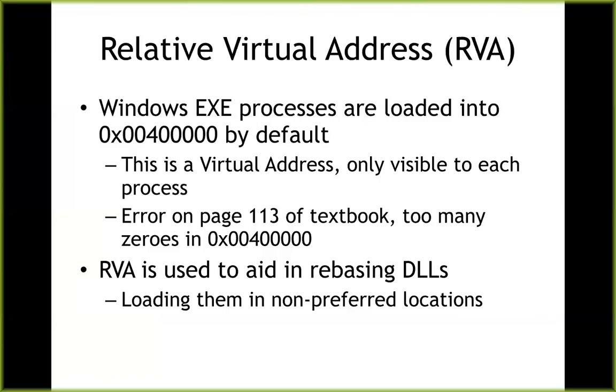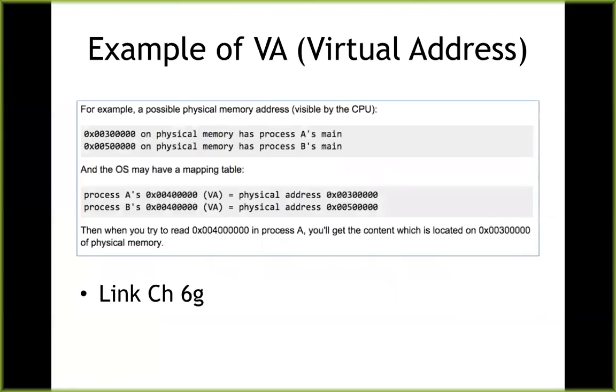That's mapped by the system to some other location, which is random by ASLR. So anyway, this is called a relative virtual address, and it's used to rebase DLLs. So here's an example. Physical memory might be at 300,000 to 500,000, but the programs both think they're running at 400,000. And there's a table in the operating system to tell it where they really are.